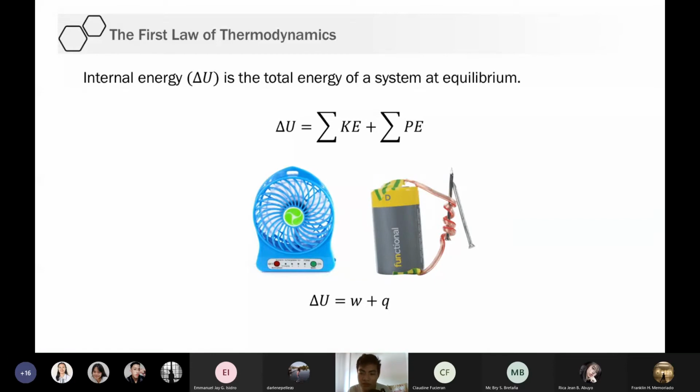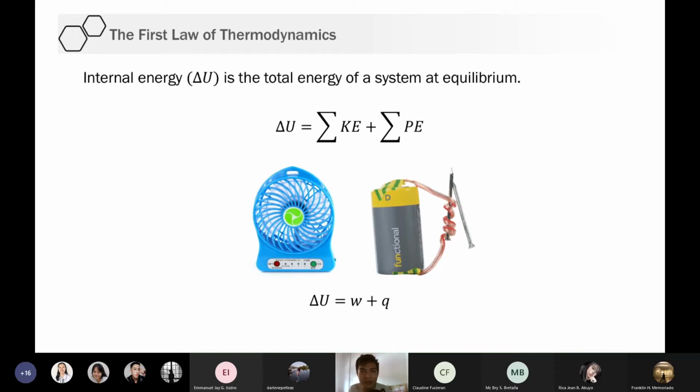Bilangin mo ilan yung molecules ko sa loob ng katawan para ma-compute mo yung potential energy ng chemicals. In terms of kinetic energy, lahat ng bagay na gumagalaw sa katawan ko, kailangan mo i-measure yung speed nun. For example, yung dugo. Okay? Yung hangin, no? Okay? So, yun. Ang dami mong kailangan i-consider when you are solving for internal energy.